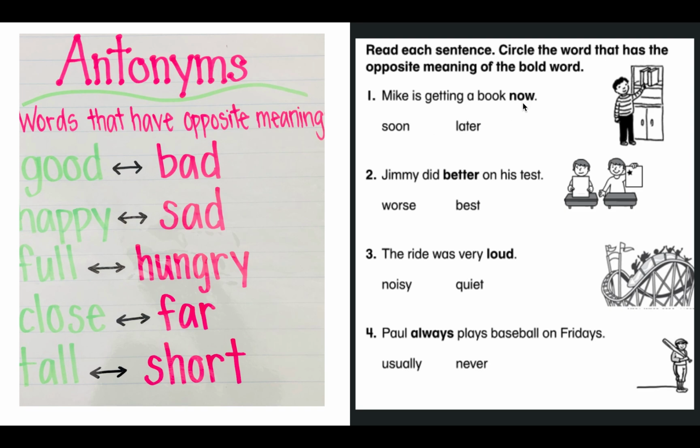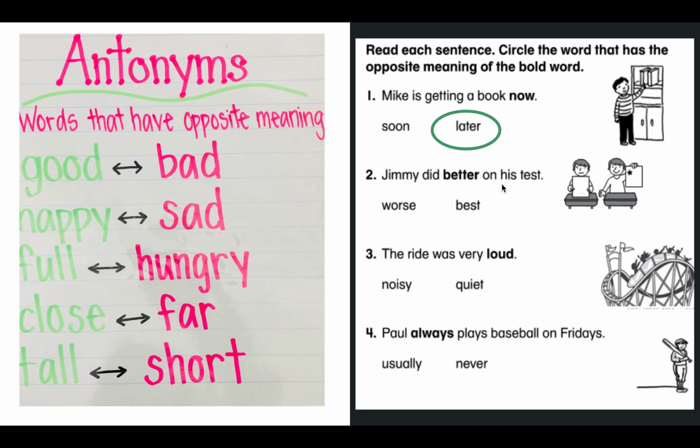If I wanted to say the opposite meaning of now, I would say, Mike is getting a book later. Remember, antonyms are two words that are not the same in meaning. They are the opposite. Let's try number 2 together.